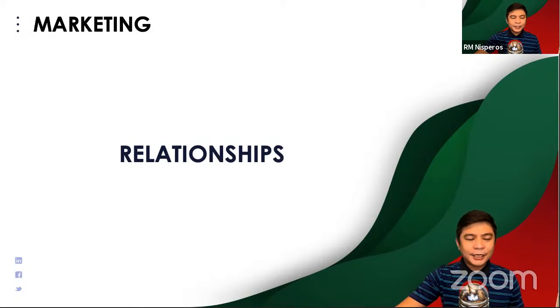We can define marketing into many categories, many definitions, and many keywords. But the best descriptive word for marketing is relationships, and by doing so, you can get profit out of it, and hopefully you provide something to your customers.